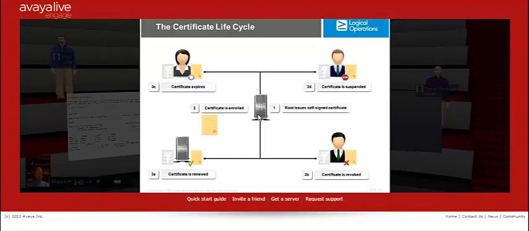Now, another deal. What if somebody maliciously or inadvertently deletes a certificate that should not have been deleted, or revokes a certificate that should not have been revoked? Are you just out of luck? The answer is no. Actually, you can recover the said certificate from a CA backup.